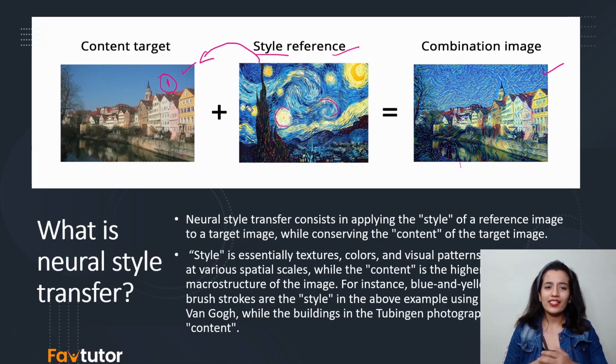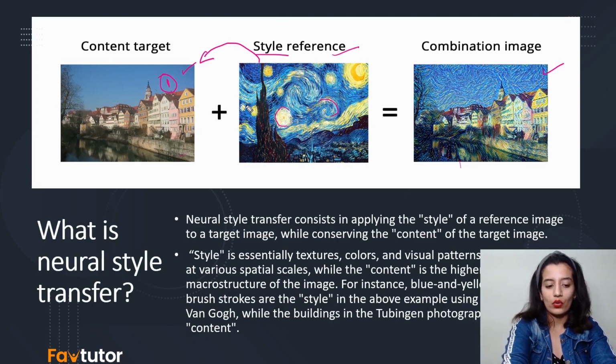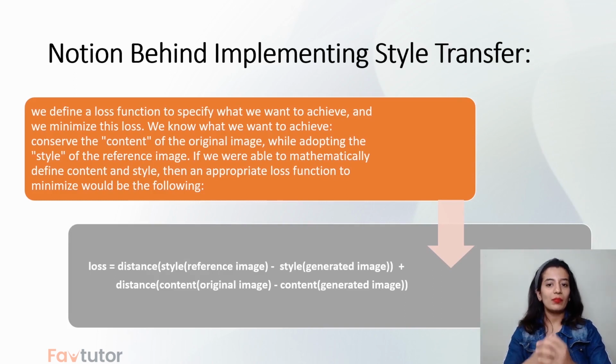Let us understand how we can achieve this and what technologies we are going to use. Now the notion behind implementing style transfer: what are the main bases of style transfer, what is the loss function, and how to derive those loss functions using mathematical terms.